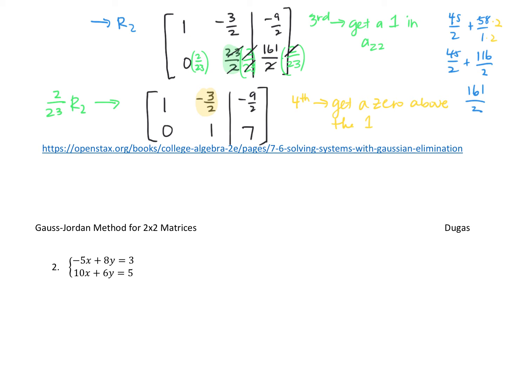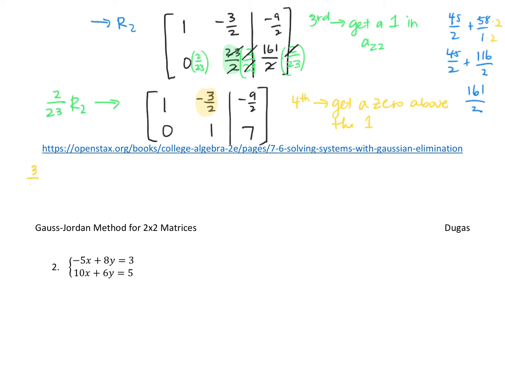So to do that, I have to multiply the bottom by a number and then add it to row 1. You are always going to multiply by the opposite of whatever you want to zero out. So since we're trying to zero out negative 3 halves, we would multiply the bottom by a positive 3 halves.